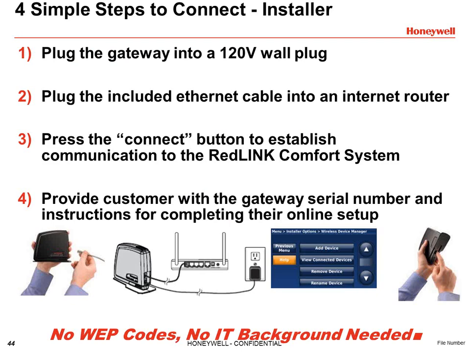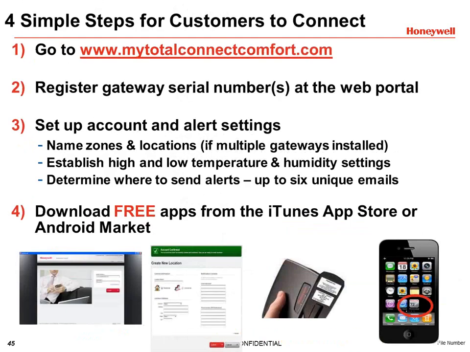And then at that point, you're going to give the homeowner the serial number and the instructions to do what they've got to do. Basically, they're going to go to the website, register, set up the account and set up the alerts that they want, and then at that point, they can download the app so that they can get the same ability from a smartphone as they would have from the laptop.